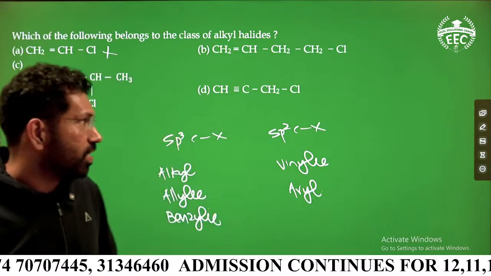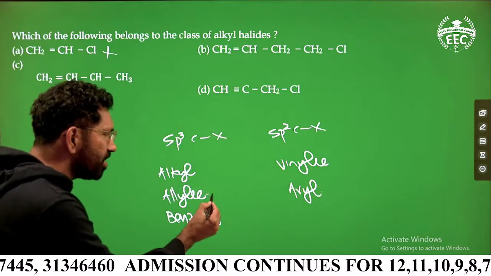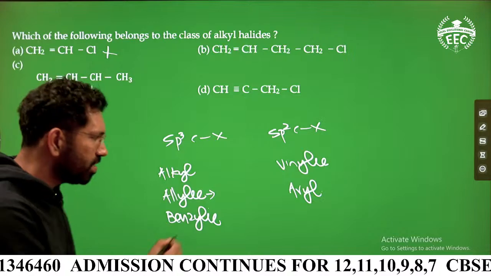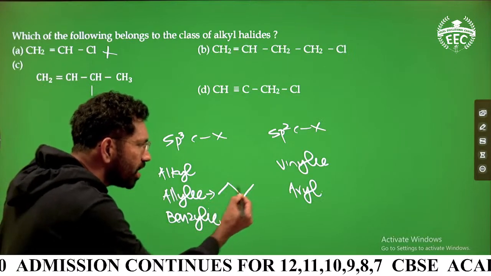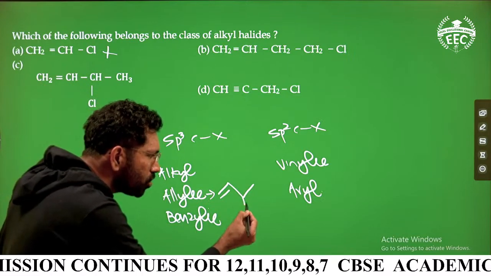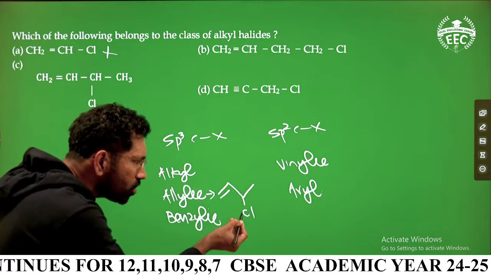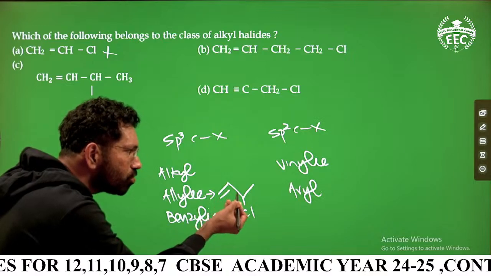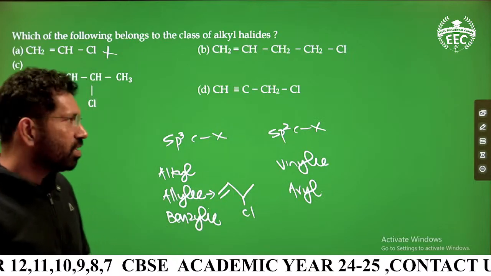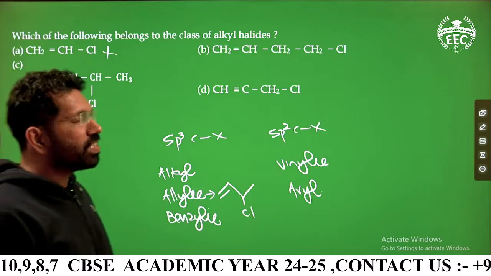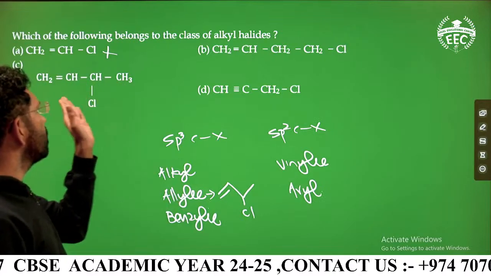But in allylic halide, the halogen is connected to a single bonded carbon next to the double bond. So we can consider this an allylic halide. This is not alkyl halide.